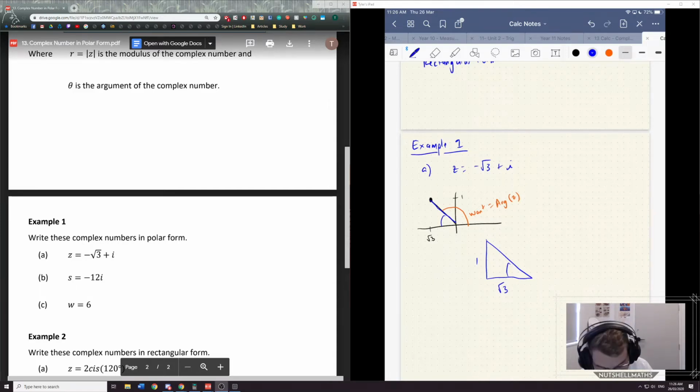Right. So we can do this maths here. The inverse tan of opposite over adjacent, 1 over root 3. Theta equals tan inverse of 1 over root 3. Let's get out our calculator.